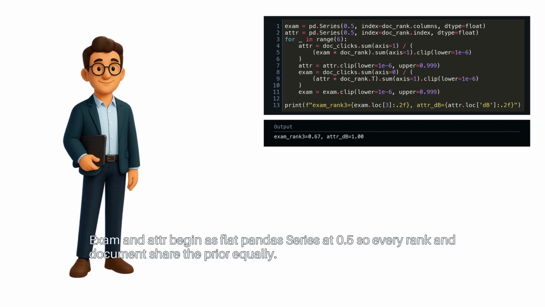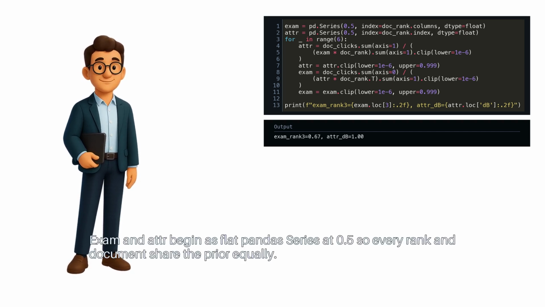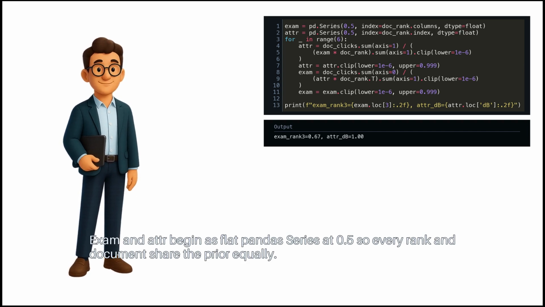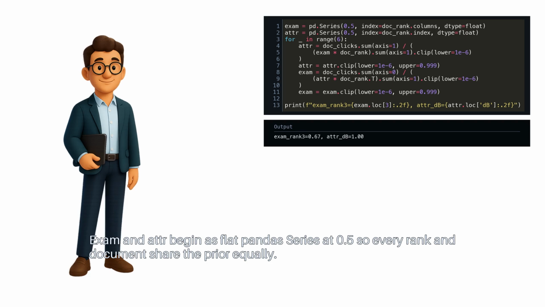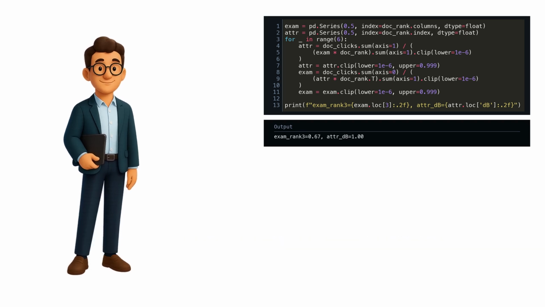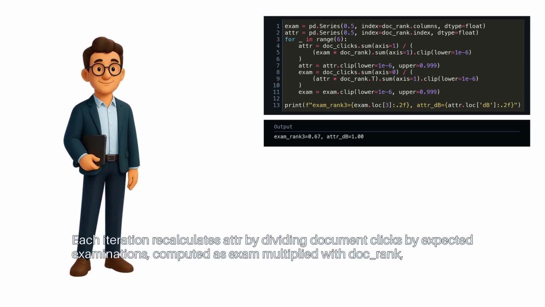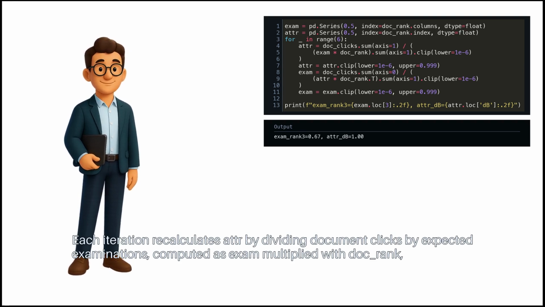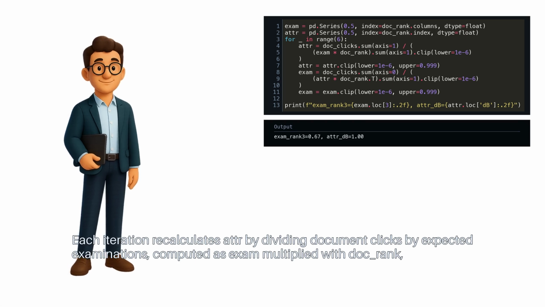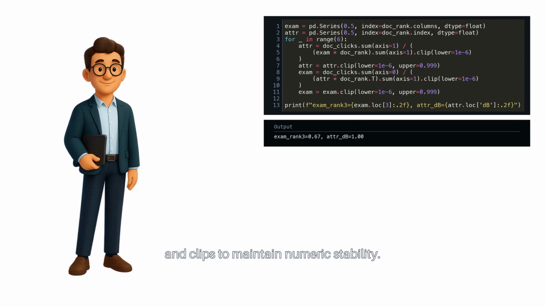Exam and attract begin as flat pandas series at 0.5, so every rank and document share the prior equally. Each iteration recalculates attract by dividing document clicks by expected examinations, computed as exam multiplied with doc_rank, and clips to maintain numeric stability.